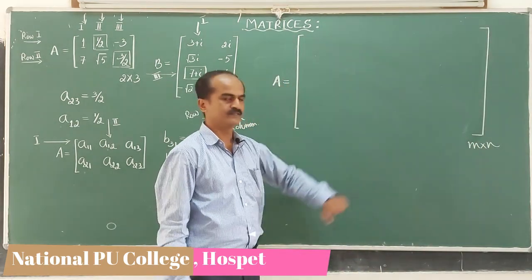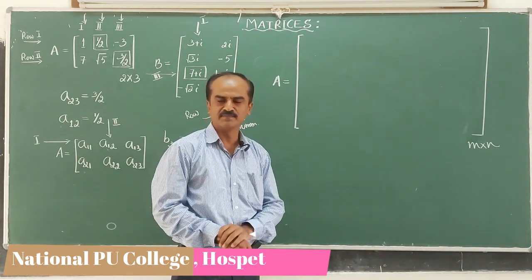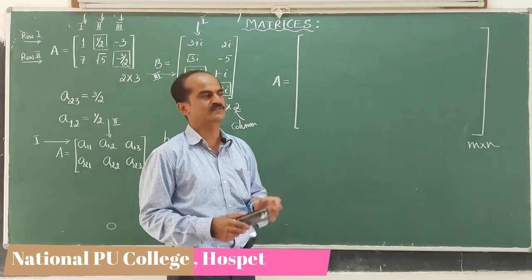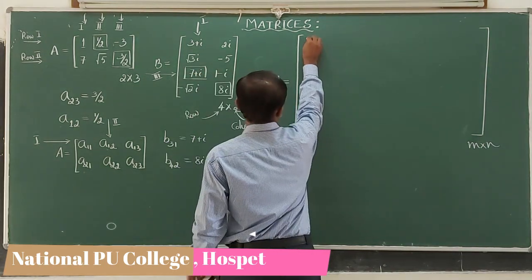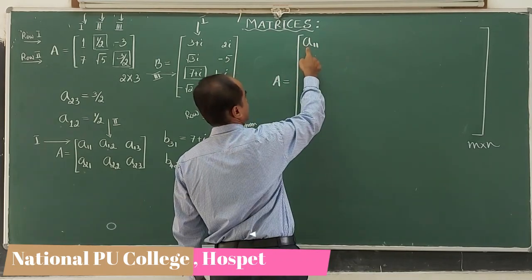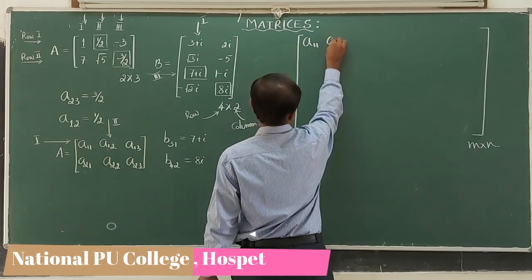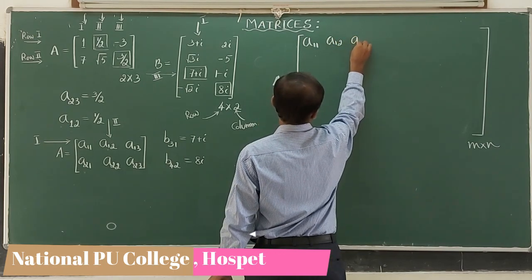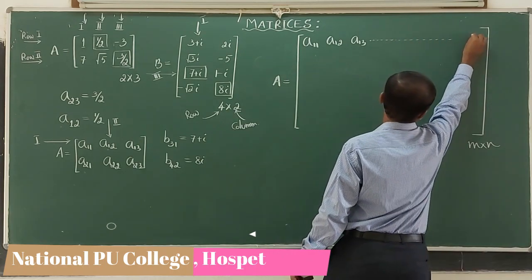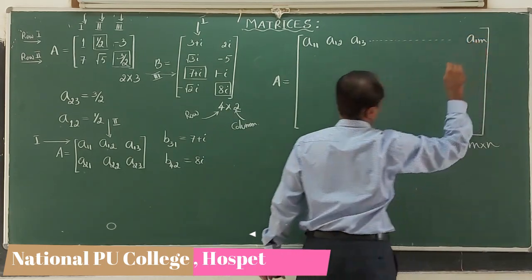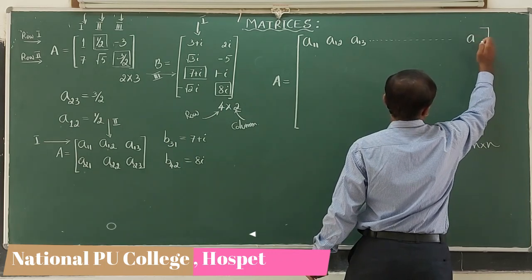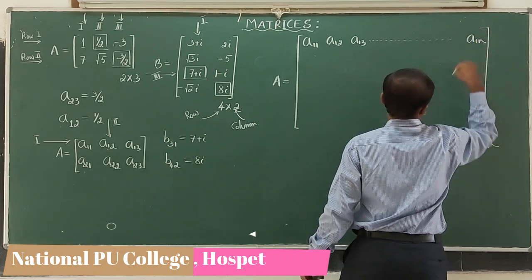Here I wrote the m by n matrix. M by n matrix means it has m number of rows and n number of columns. Let me write the first row elements. A11, element of the matrix present in first row, first column. A12, A13, etc. At the end I end up with A1n.